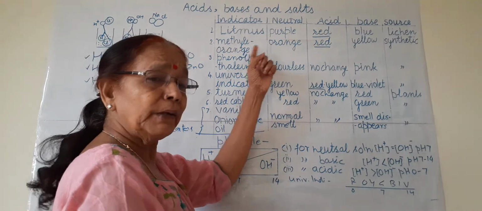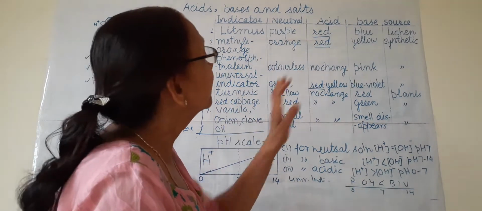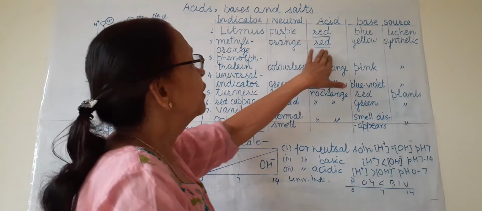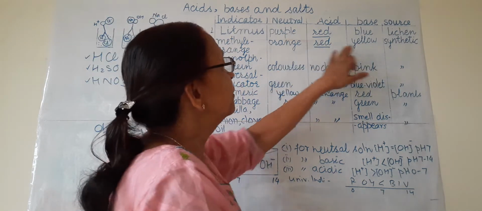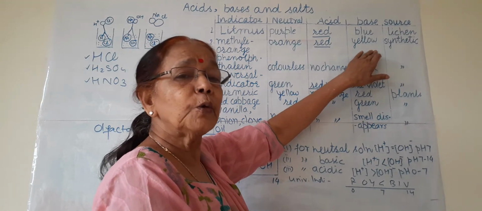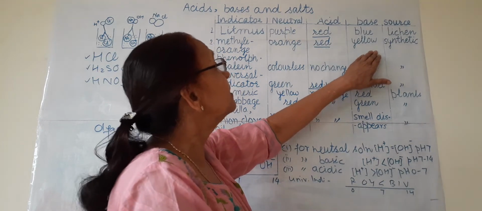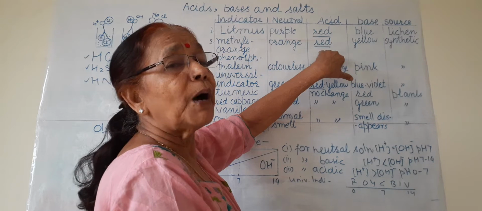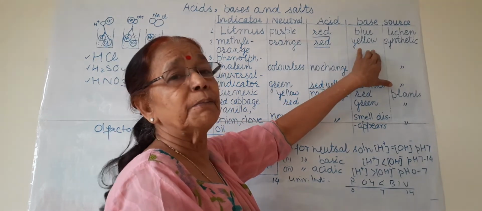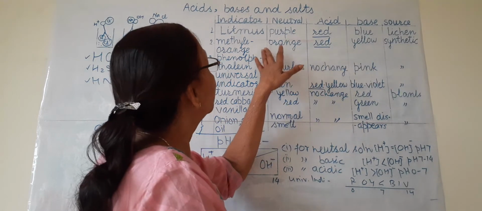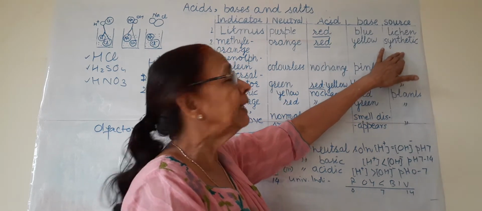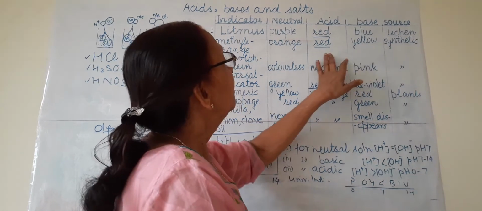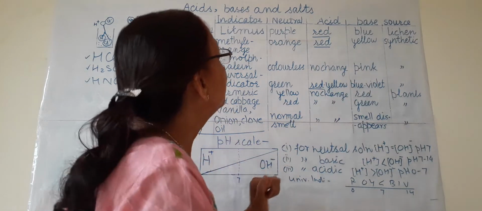Because it is methyl orange, it is orange in color. With acid, this changes to red. And with base, it changes to yellow. So we can very easily say which compound is acid and which compound is basic. So methyl orange, a synthetic color indicator, can tell us which is acidic or which is basic.